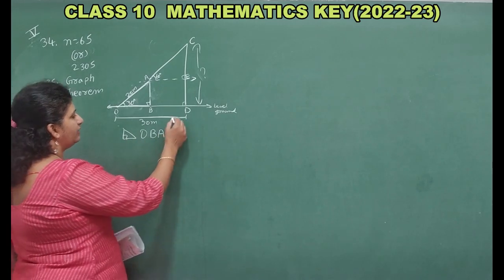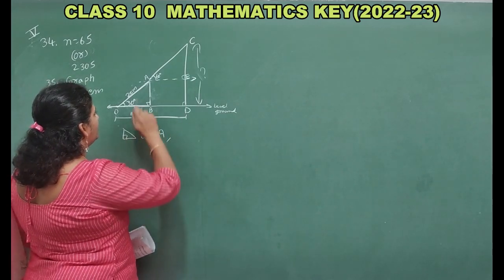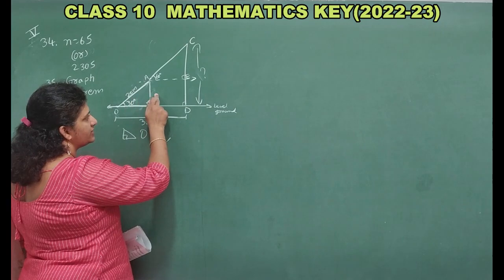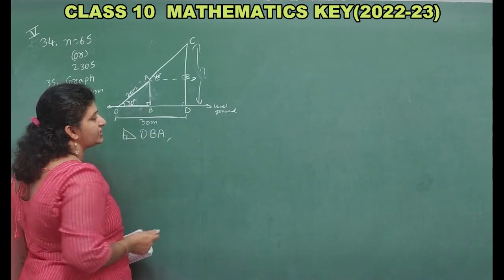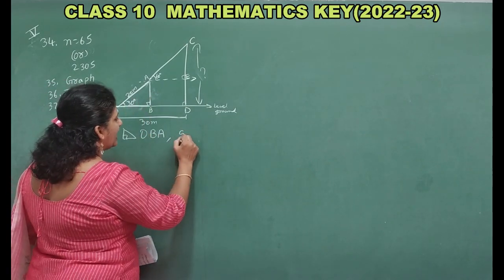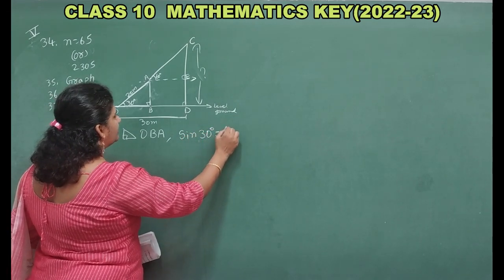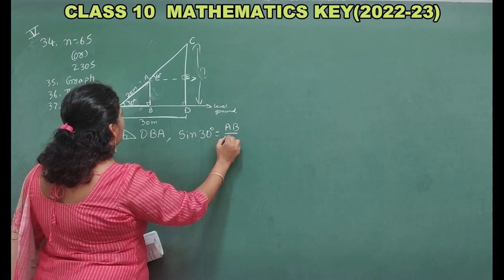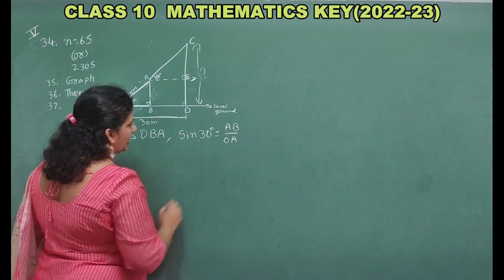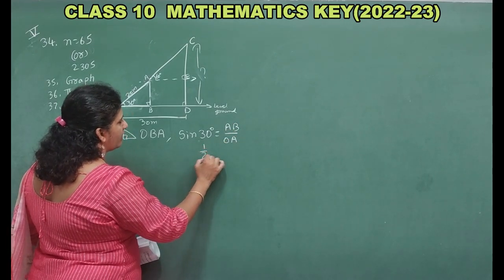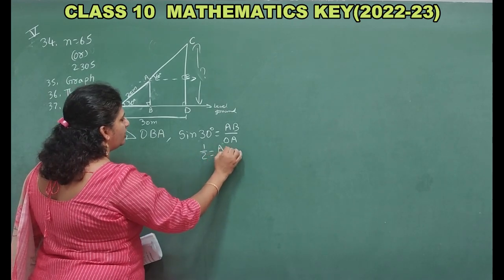Now let me start. First find the opposite side for this acute angle. Opposite means which ratio are you going to take? Sine ratio. Your angle theta value is 30 degree. Sine 30 is equal to AB by hypotenuse OA. Sine 30 value is 1 by 2. AB we don't know, write as it is.